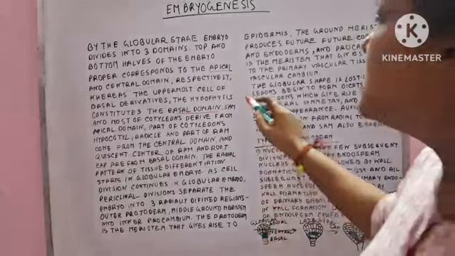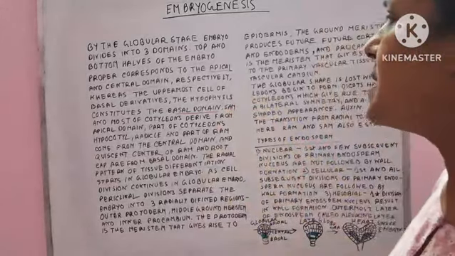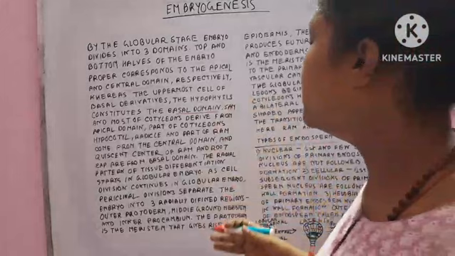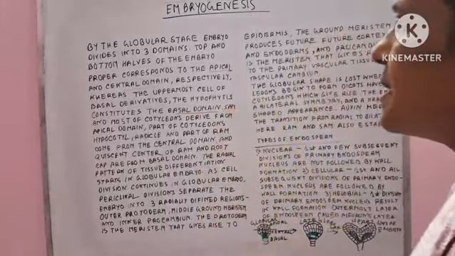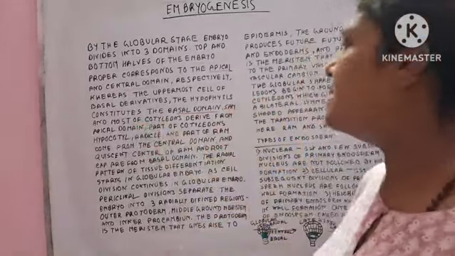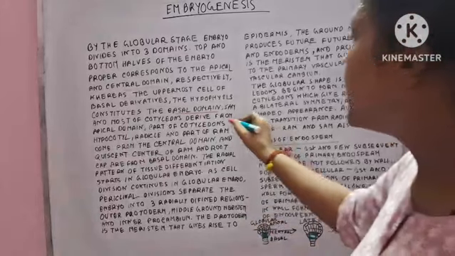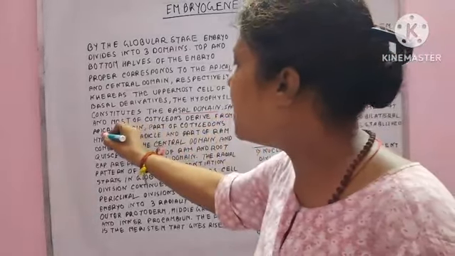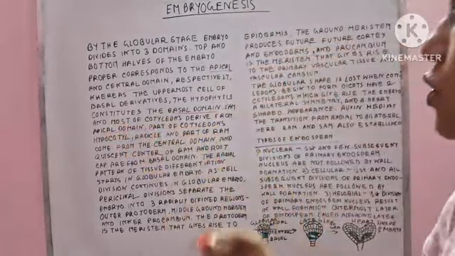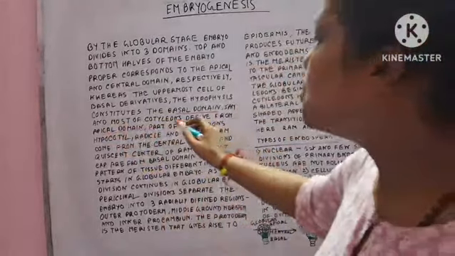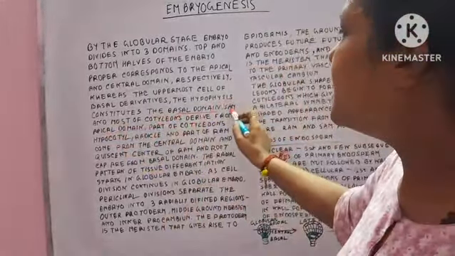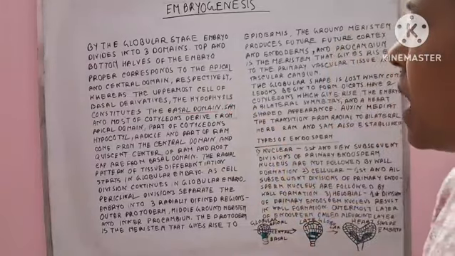Clear? So the shoot apical meristem and most of the cotyledons derive from where? They derive from the apical domain. So the apical domain gives rise to the cotyledons and the shoot apical meristem.